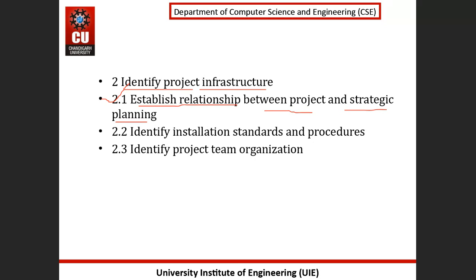Also, how program management can ensure that the group of projects contribute to a common organization strategy. How different projects can work with each other under one umbrella, within an organization, parallel projects, all these things.